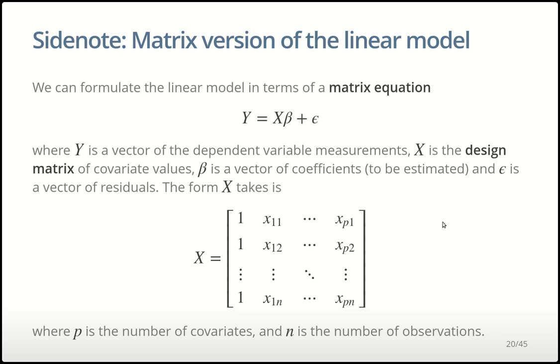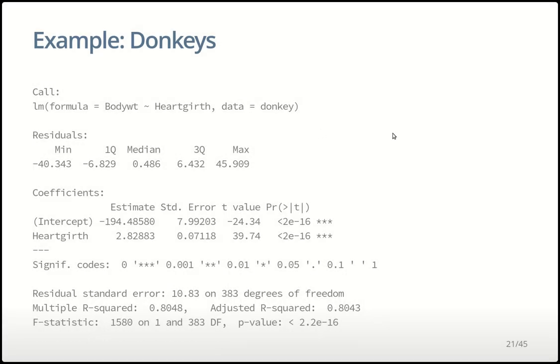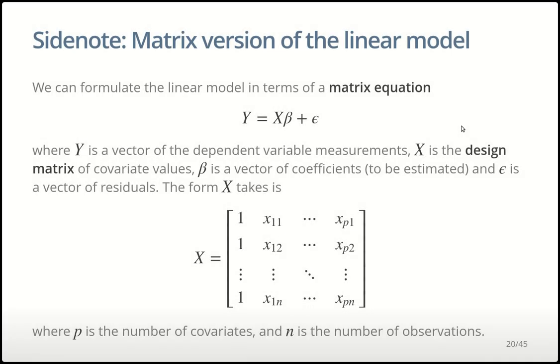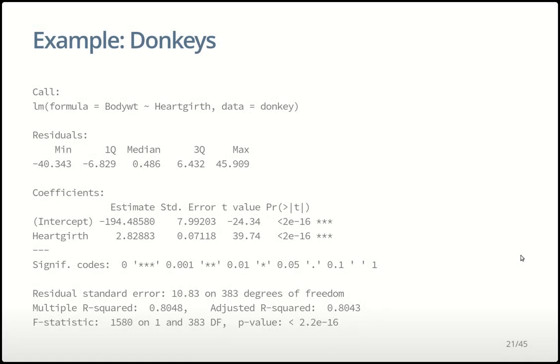Once it's set up in a matrix equation, the maths follows exactly the same way as it does for the one variable case. I include that just so that, if you have a look on Wikipedia or whatever, you'll probably get linear regression expressed in this way, so you're familiar with that.